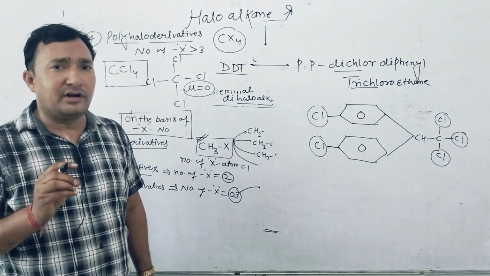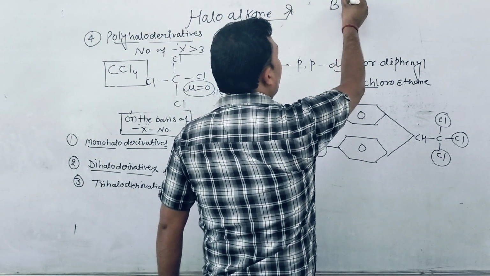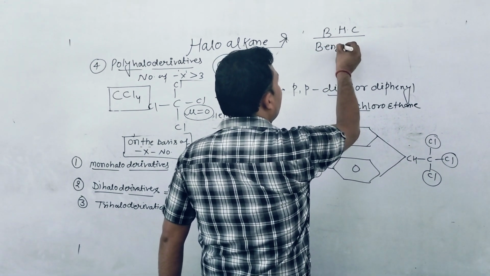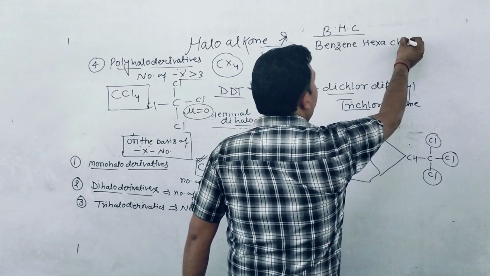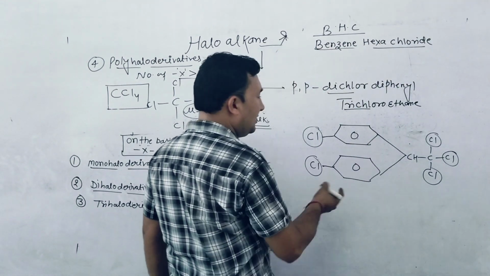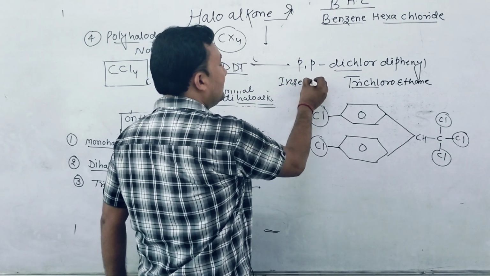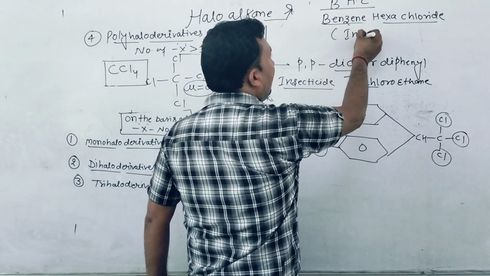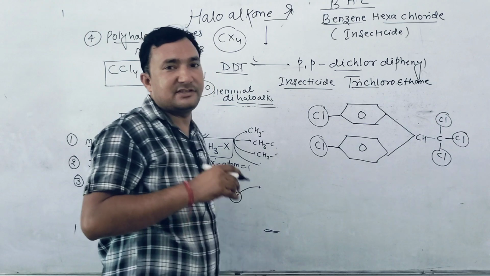One more important example is remaining, and that is BHC. The full form of that is benzene hexachloride. This benzene hexachloride or BHC is also a very famous chemical. As we have discussed, DDT is an insecticide which kills insects. Same, BHC is also an insecticide. It is also used as an insect killing substance.